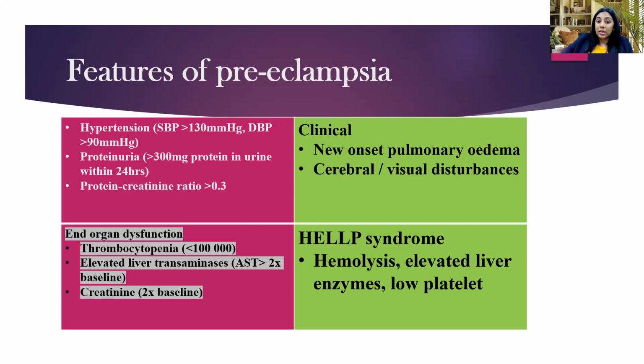Sometimes they come with severe clinical signs such as a new onset of pulmonary edema, cerebral or visual disturbances. The seriousness of preeclampsia would be from HELLP syndrome, whereby there is hemolysis, elevated liver enzymes, and low platelets. That shows that the patient is deteriorating fast.